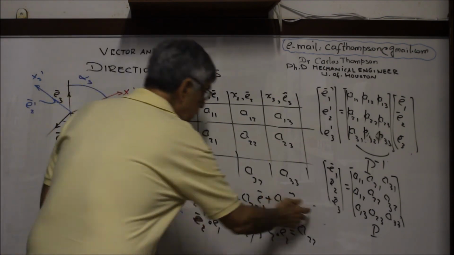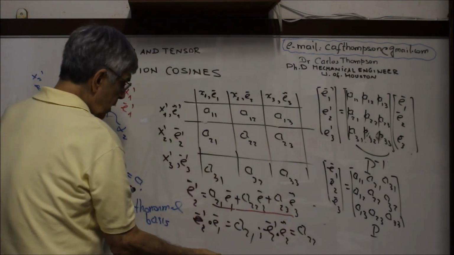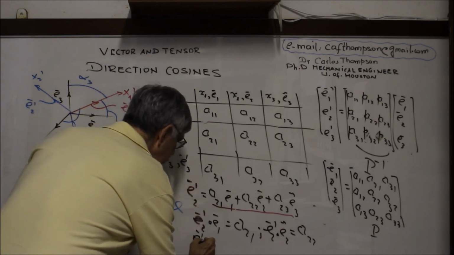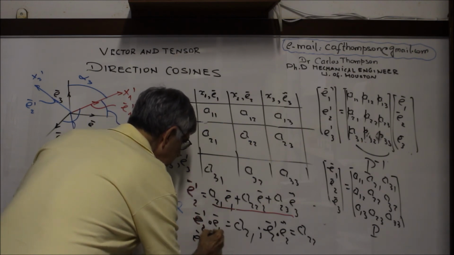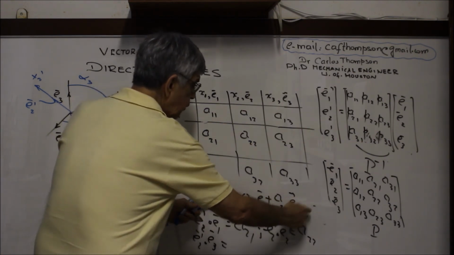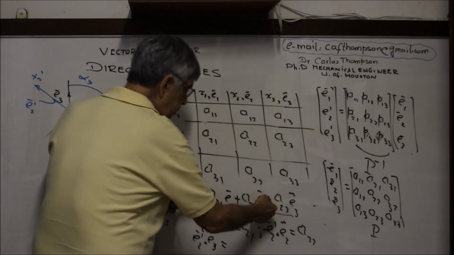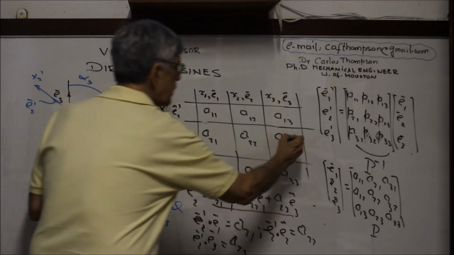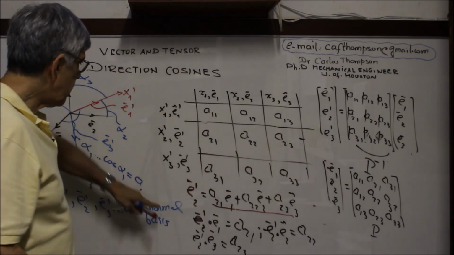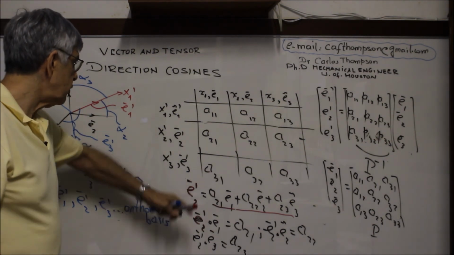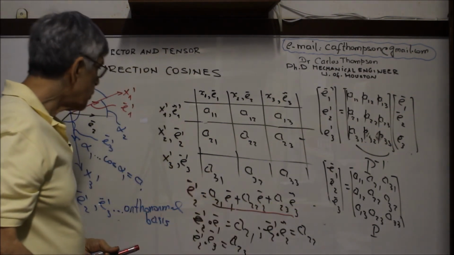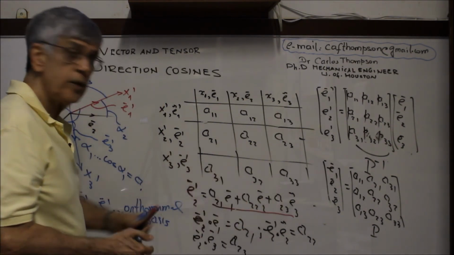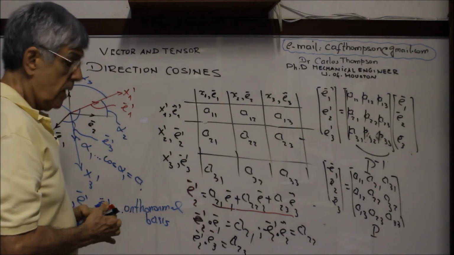Now E2 prime dot E3: this will be 1 and the others will be 0, so this is equal to A23. It's very easy. You do the same with E3 prime, making a linear combination of A31 E1 plus A32 E2 plus A33 E3. It's very, very easy.